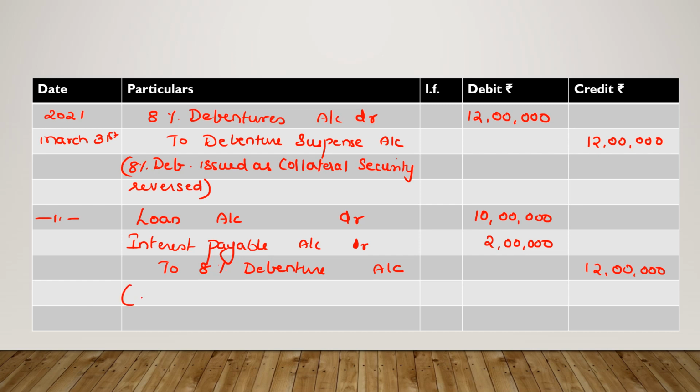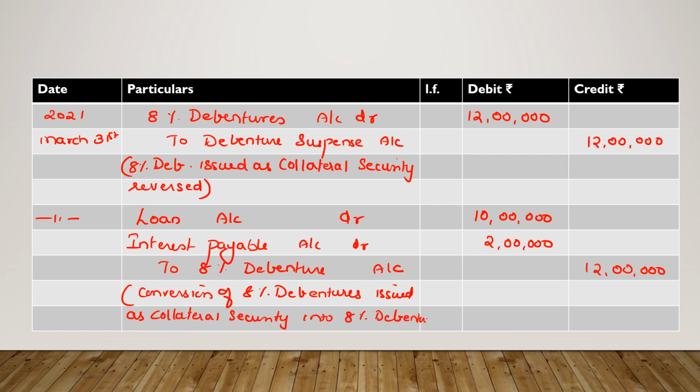So this is for conversion of 8% debentures issued as collateral security into 8% debentures liability. So you have converted the collateral security 8% debentures into 8% debentures, which is now a liability. So this is how it is going to get settled, and this is the journal entry that would be passed.